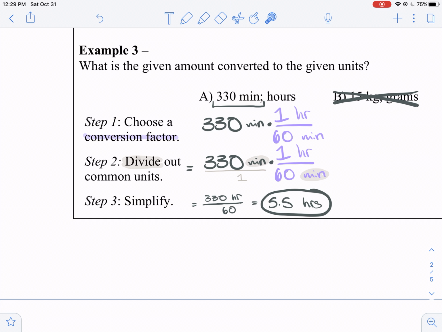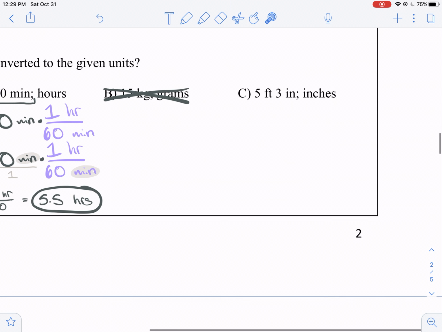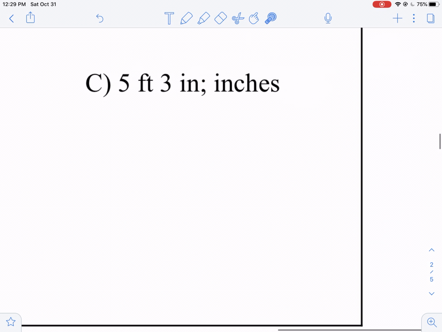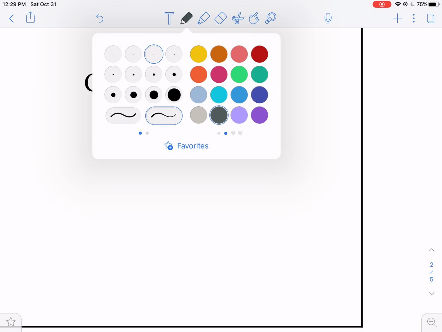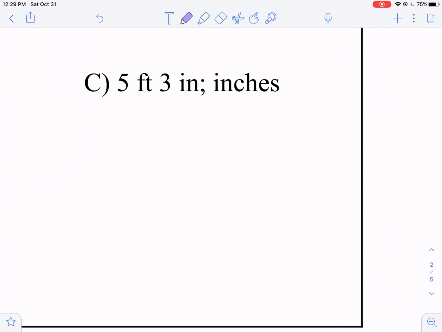Okay. Well, what if you need to measure something totally in inches, and you know that you are 5 foot 3 inches? I need to convert all those to inches. You think back to a long time ago where you learned, oh, I know 1 foot is 12 inches. Yay, good job, me.